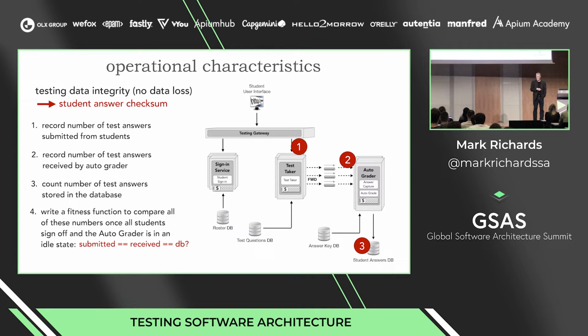So starting with no data loss, what could I do? Here's an example of a pretty simple fitness function. First of all, I can do a student answer checksum. This is actually fairly straightforward. Now notice, as I'm thinking about and writing these fitness functions, that's going to require a certain level of observability in my services.